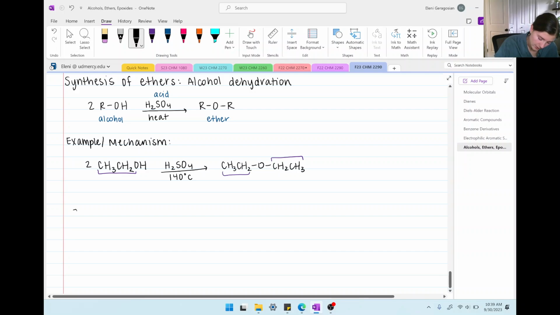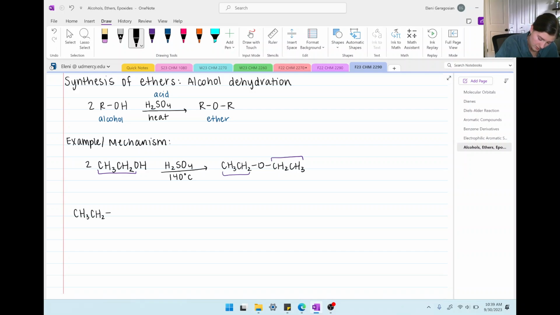In the mechanism here, we start with an alcohol, and we have the strong acid H2SO4. This is the structure of H2SO4. This is in a pKa table that will be provided for you. This is a strong acid.